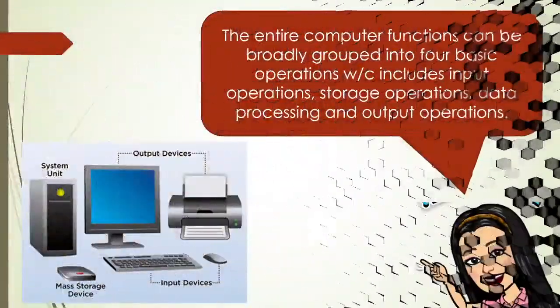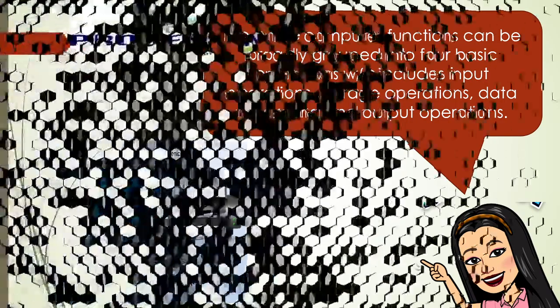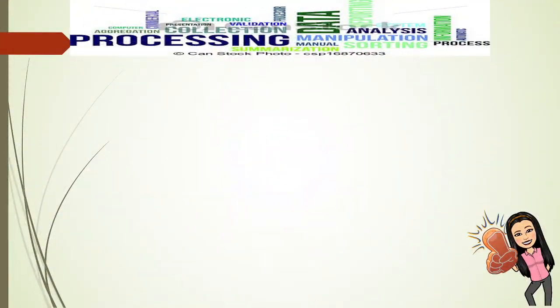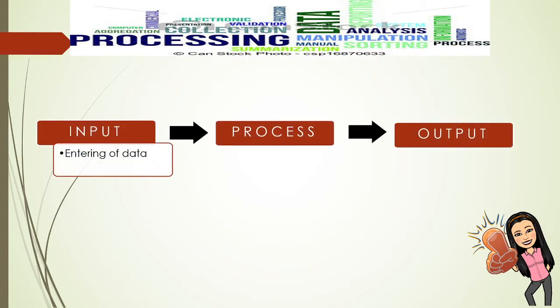Class, the entire computer functions can be broadly grouped into four basic operations, which include input operations through input devices, storage operation through storage devices, data processing through the CPU, and output operations through output devices. Computers also follow these three basic steps to operate: input, process, and output. Input is the entering of data.